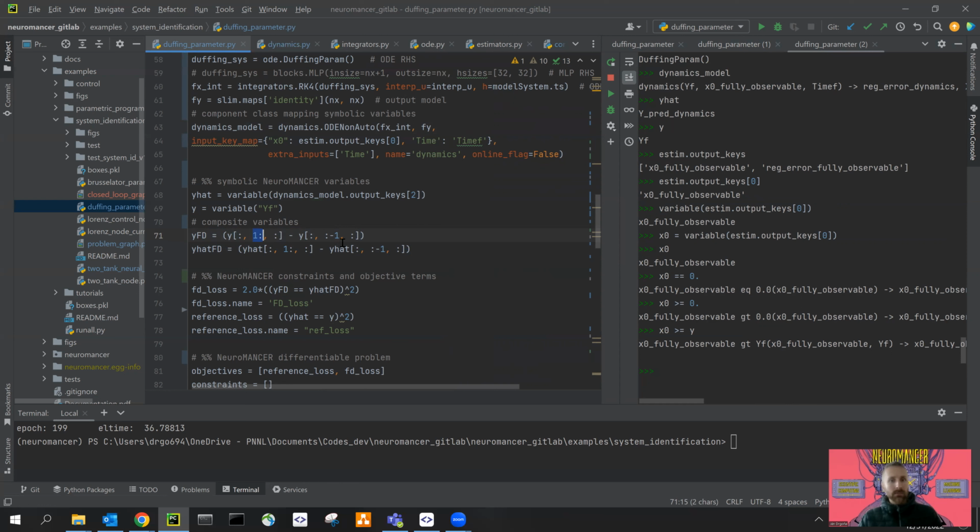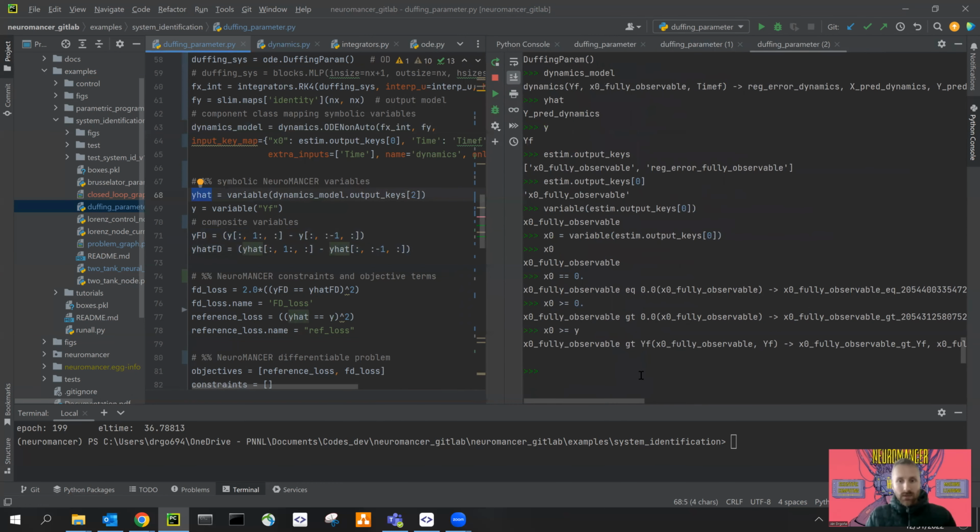So what we are doing here, basically, we are slicing the variable and creating a finite difference of our ground truth outputs and a finite difference of our prediction models.